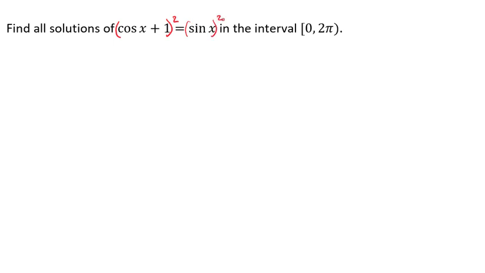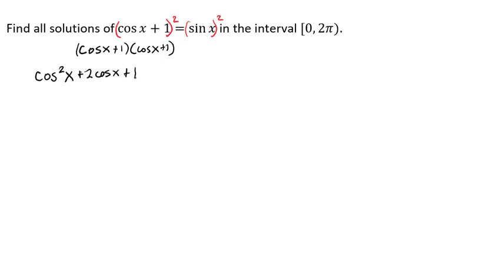That's going to give us, in this situation, we need to multiply that out. So cosine x plus 1 times cosine of x plus 1. When we FOIL that and then reduce, we get cosine squared of x plus 2 cosine of x plus 1.